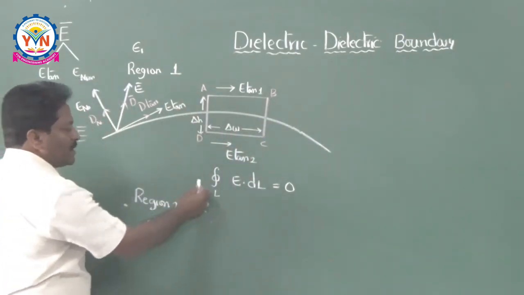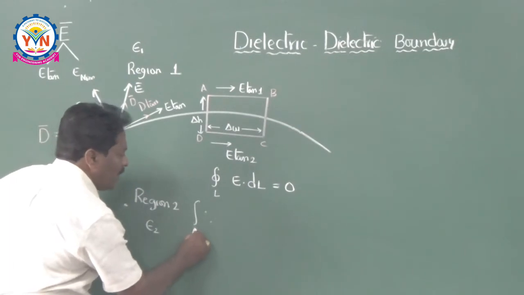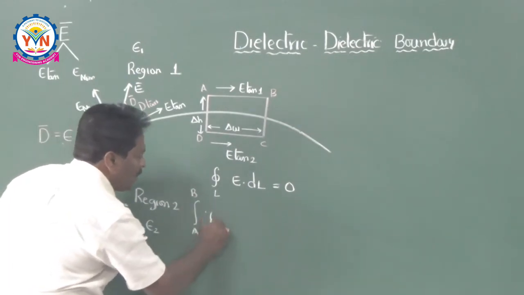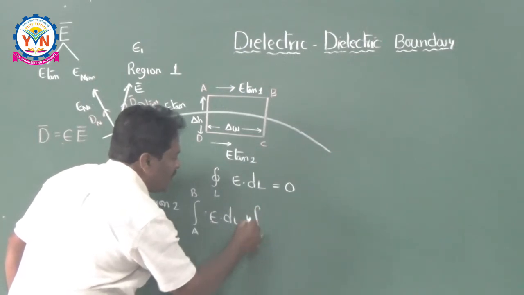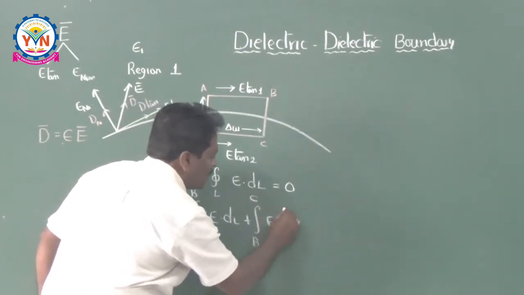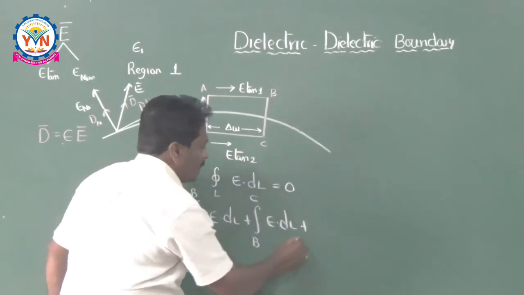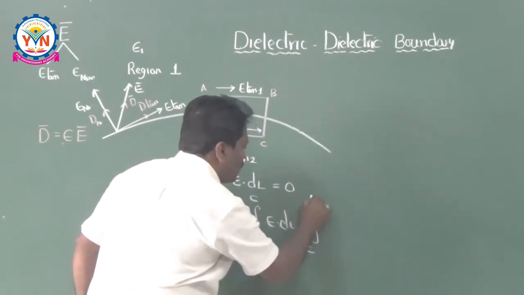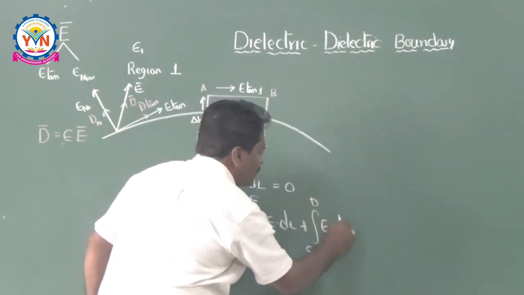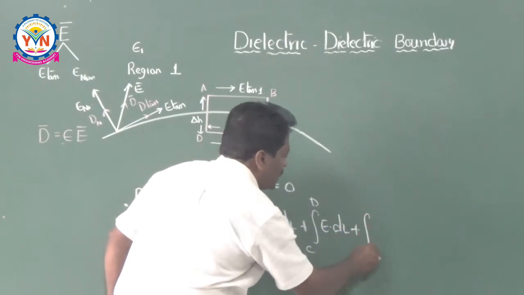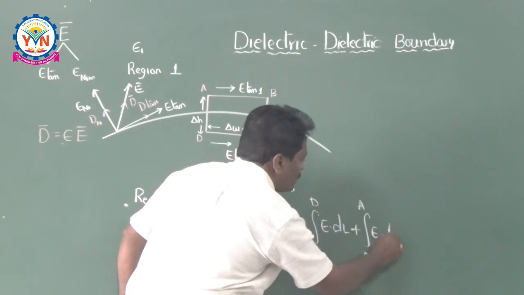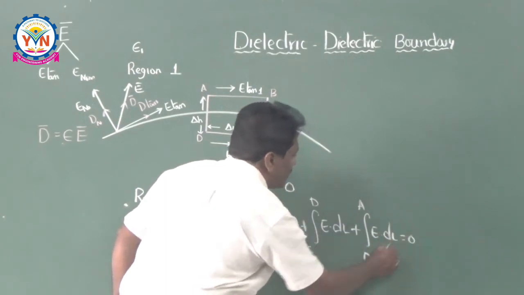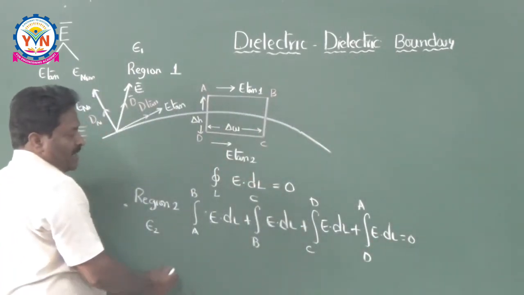So you can split this integral: integral A to B E dot dl plus integral B to C E dot dl plus integral C to D E dot dl plus integral D to A E dot dl is equal to 0. Now tell me the result of this.